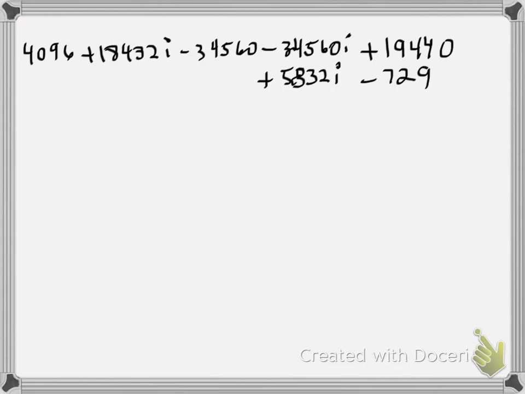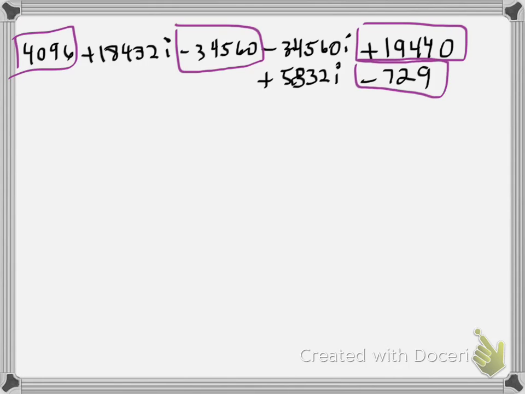So in purple, I've got numbers. So this, and this all come together to get you -11753. Well, that didn't look very neat. And then in red, here's all your imaginary parts.